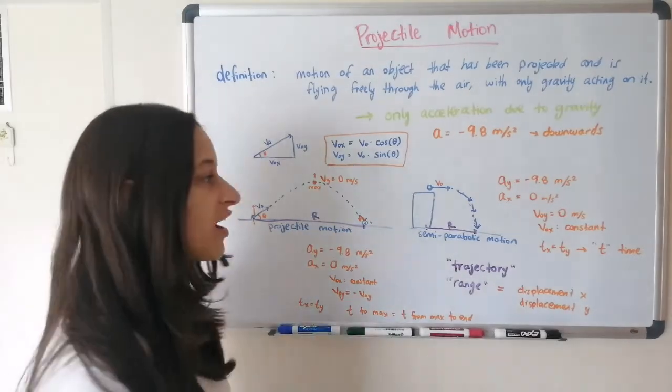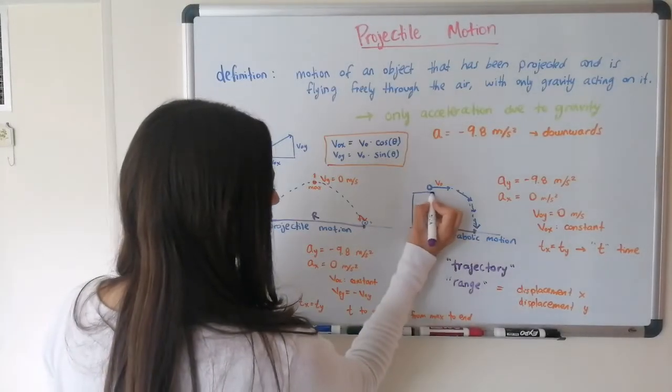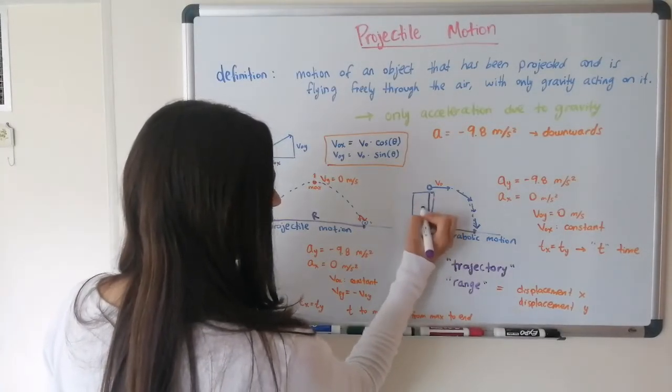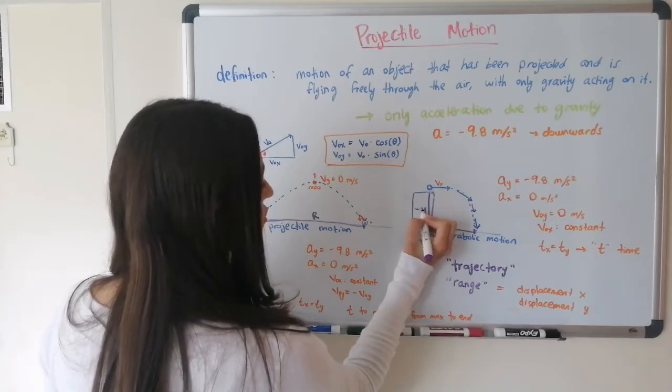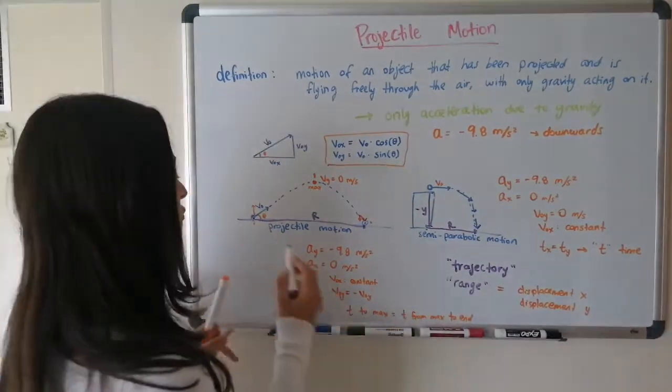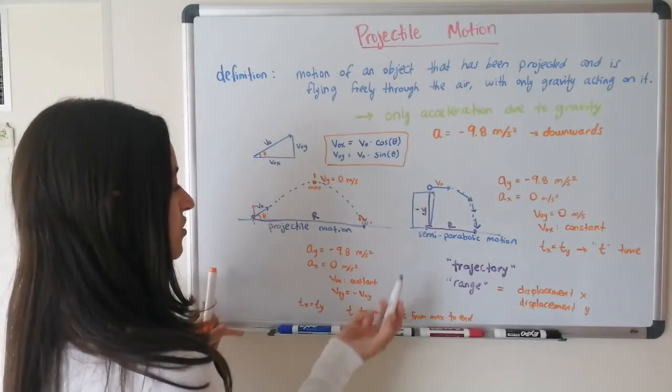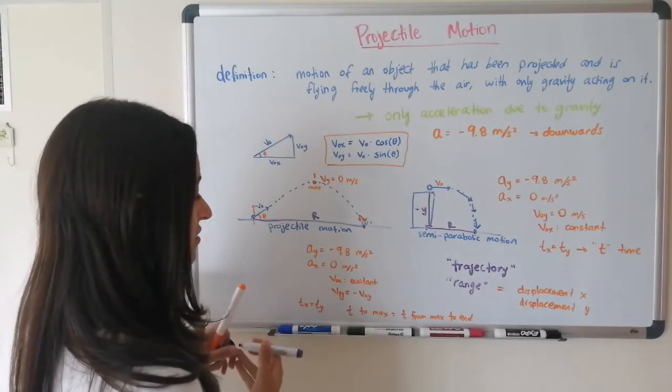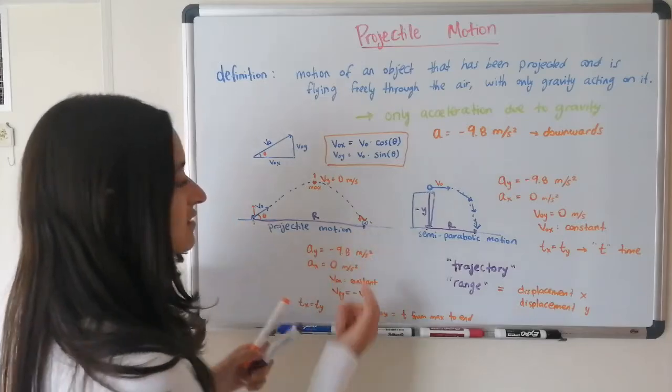And the displacement y would be, for semi-parabolic motion, this height over here, this would be y, and it's probably going to be negative because it started higher than where it ended up. And for projectile motion, the y is going to be 0 from the beginning to end, right? Because it ends at the same height.